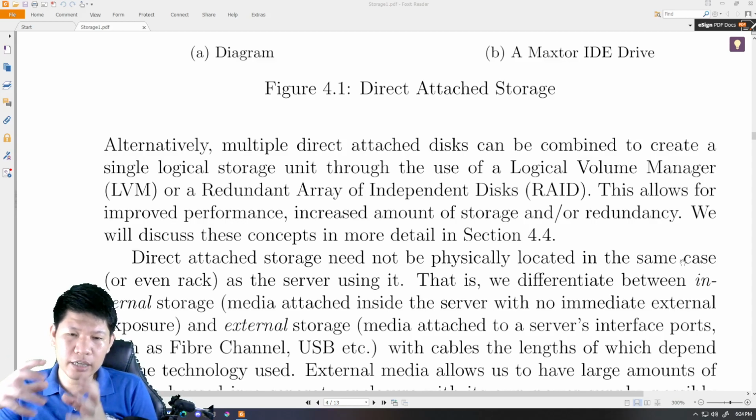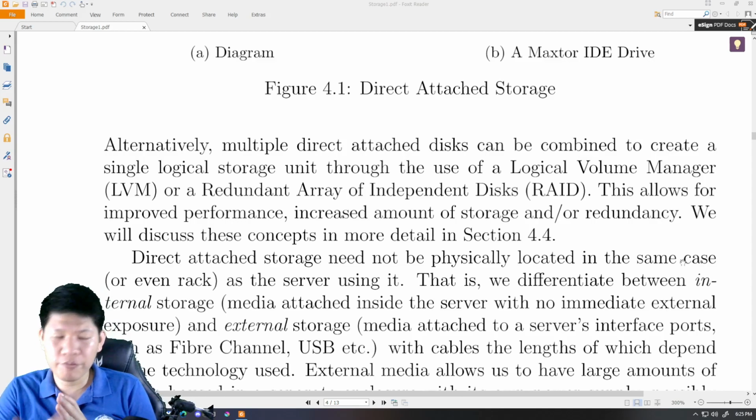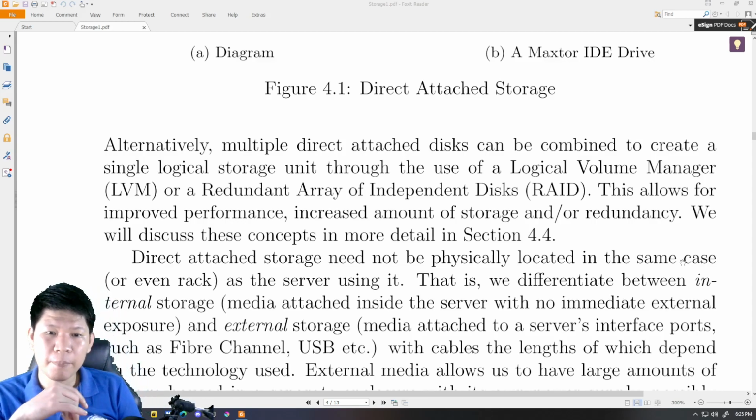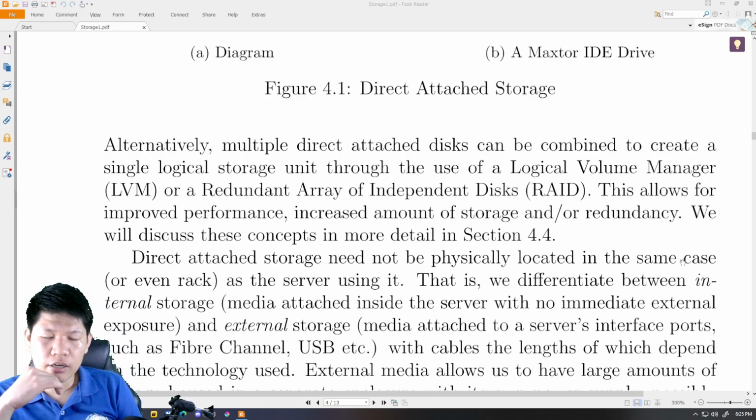And if one hard drive fails, depending on the RAID configuration, you might lose all of your data. But we will discuss that further in our next session when we talk about the different RAID levels.